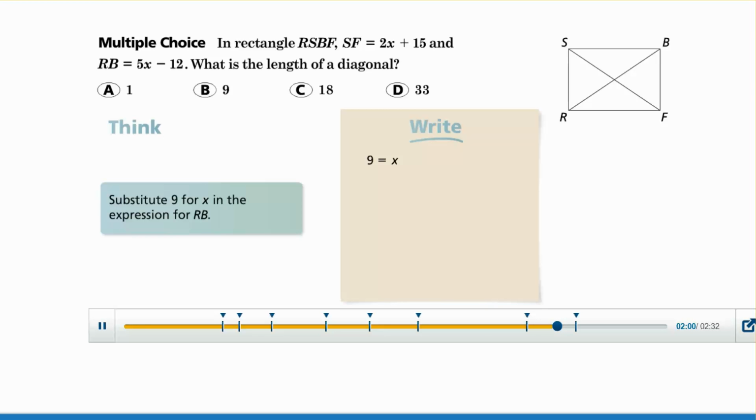Now substitute 9 for x in the expression for the length of segment RB. The length of segment RB is 5 times x minus 12. Substitute 9 for x. Now simplify by multiplying. So the length of segment RB is 33. The correct answer is D.